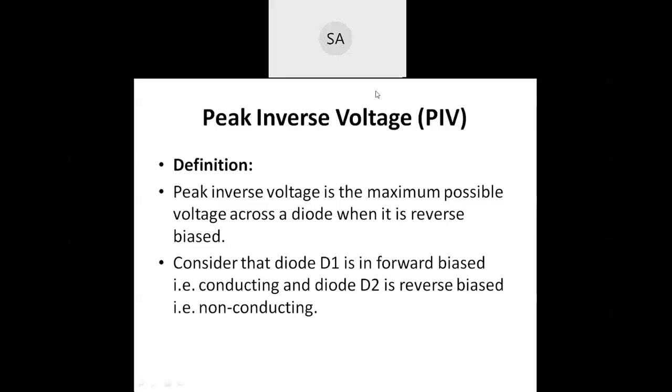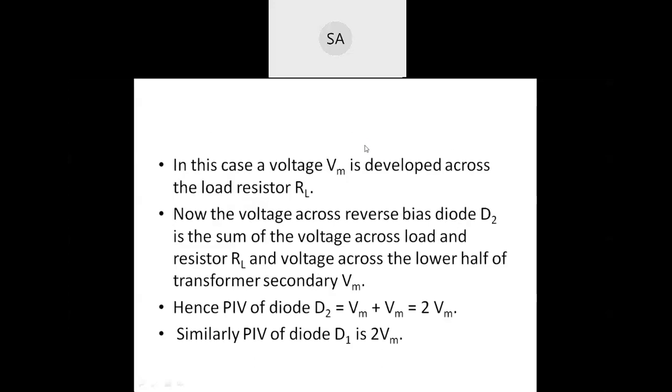Consider that diode D1 is forward biased, that is conducting, and diode D2 is reverse biased, that is non-conducting. In this case, a voltage Vm is developed across the load resistor RL. So whenever diode D1 is conducting and D2 is reverse biased, the voltage developed across the load is Vm due to the forward biasing of the diode.